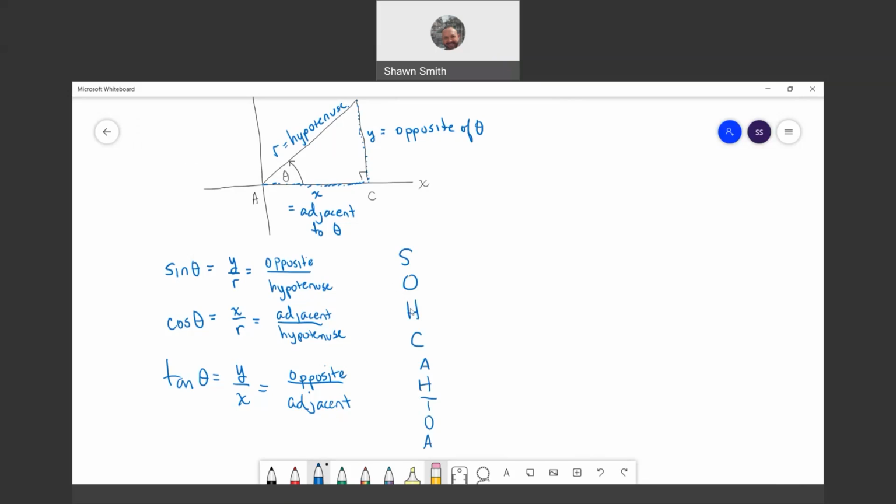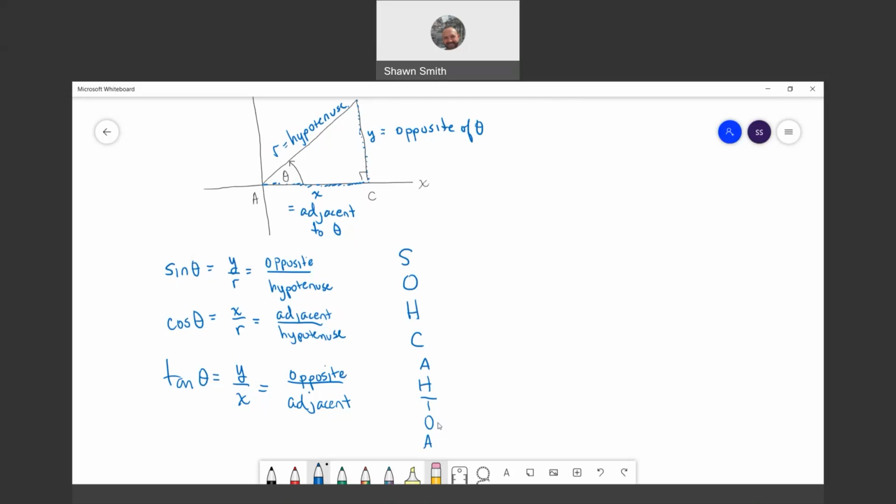Sine, opposite over hypotenuse. Cosine, adjacent over hypotenuse. Tangent, opposite over adjacent. So that's another way when we're especially dealing with just triangles, in relation to what those angles are. I can find the opposites, I can find those adjacents, and I can figure out all trig functions from there.